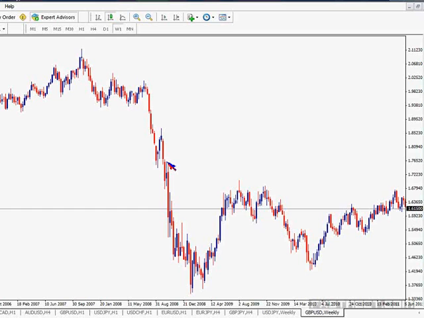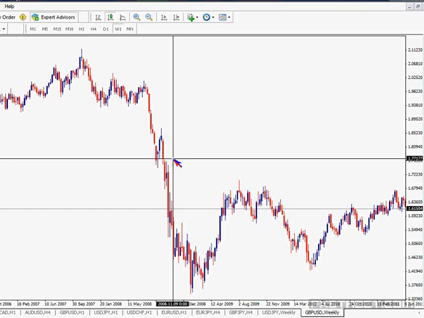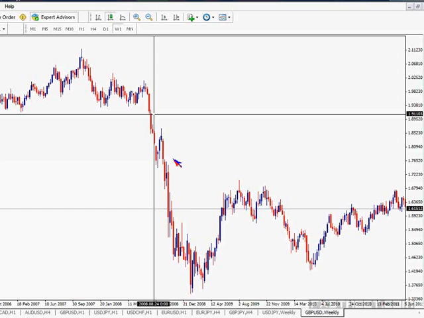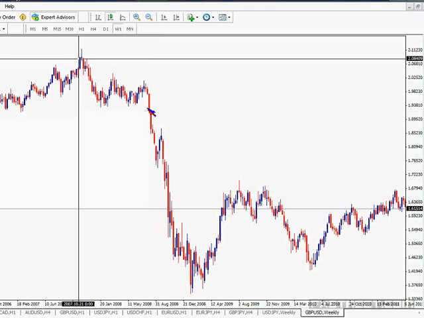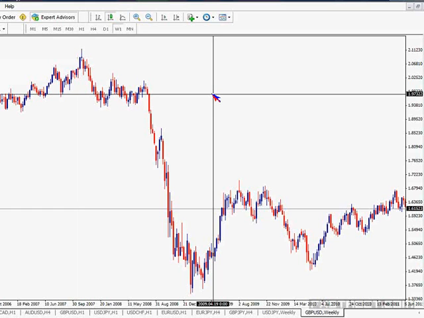Anyway, the final case of gaps is what we call exhaustion gaps. Exhaustion gaps show us the end of a trend movement. They are always filled, and generally price passes them back. They usually represent a final surge of buying or selling power before a major trend change.